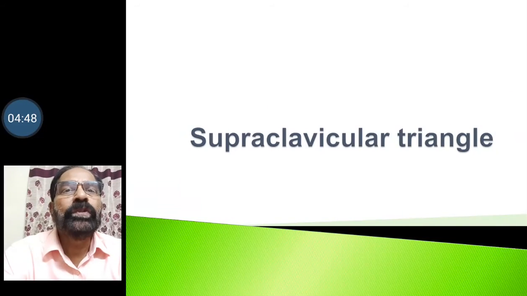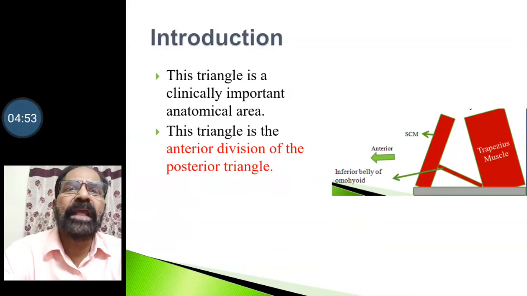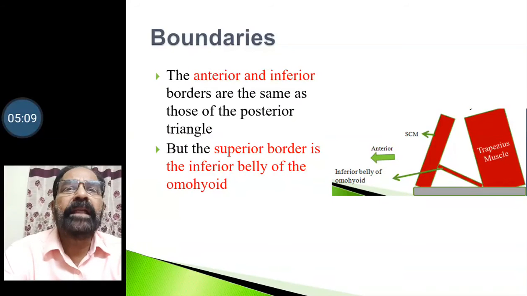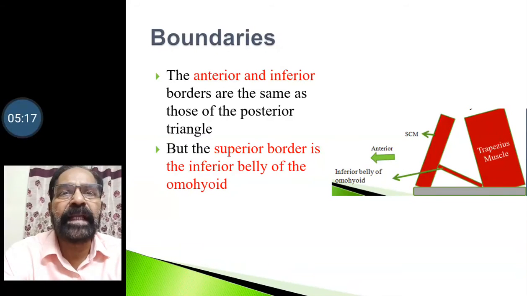Then we go to the supraclavicular triangle, or the lower triangle. This triangle is a clinically important anatomical area. It is the anterior division of the posterior triangle. You can see that it is in the anterior aspect of the posterior triangle. And the boundaries: the anterior and posterior boundaries are the same as those of the posterior triangle, but the superior border is the inferior belly of omohyoid.